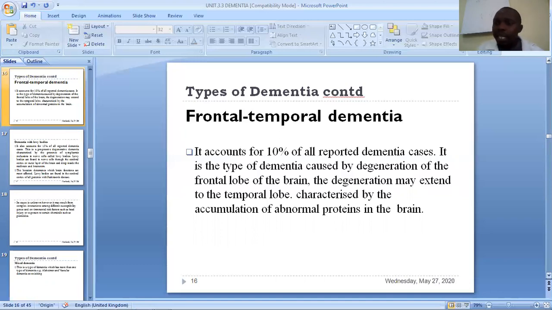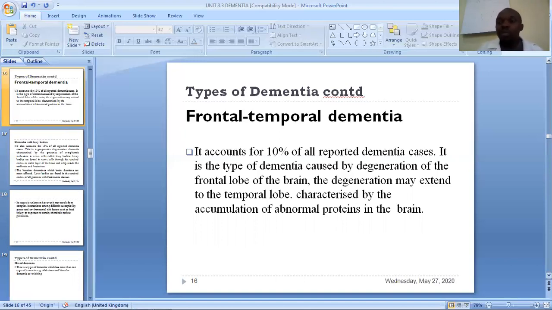So what are we talking about under this one? There can be degeneration of the brain that begins from the frontal lobe, caused by certain proteins that are not good in the brain. It can spread to the temporal lobe. As it does so, it damages the neurons in the frontal lobe of the cerebrum, and also damages the neurons in the temporal lobe.